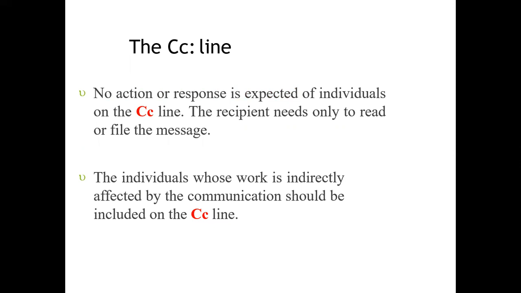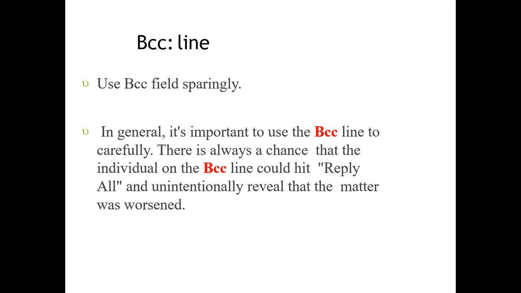So if you are sending me an email, my email address will be in the To line, and the person who you want to know about this, his or her email will be on the CC line, because you just want them to know what is happening, just to add this to their information. So the individuals whose work is indirectly affected by the communication should be included on the CC line.